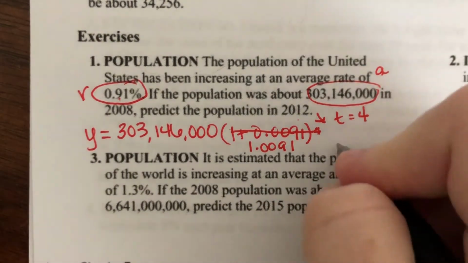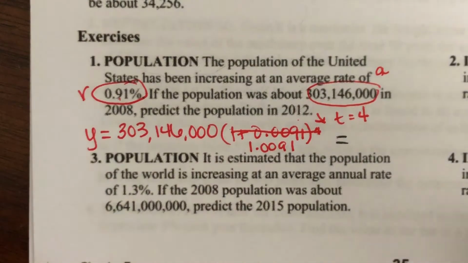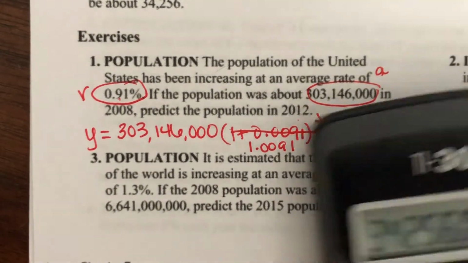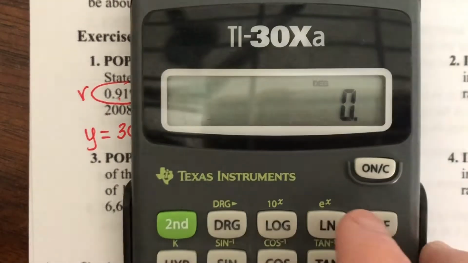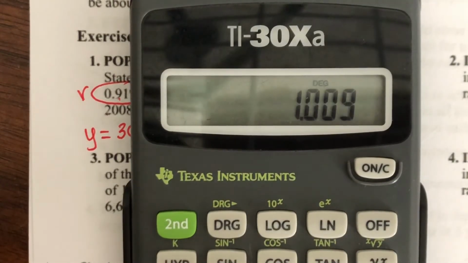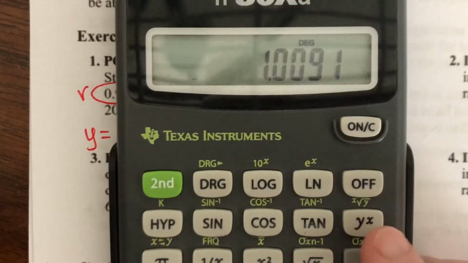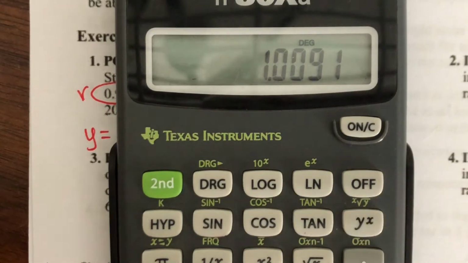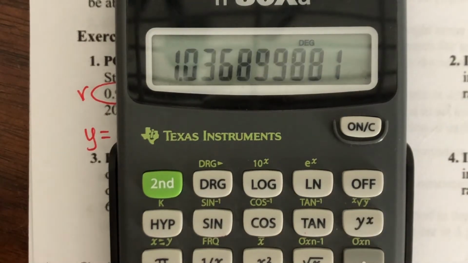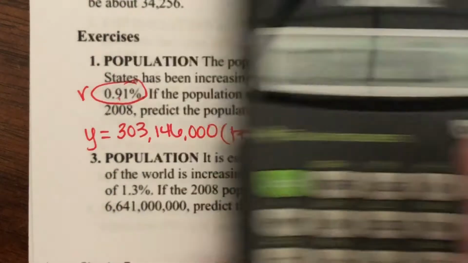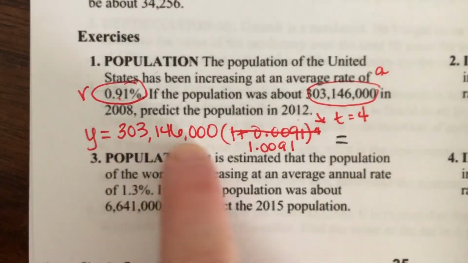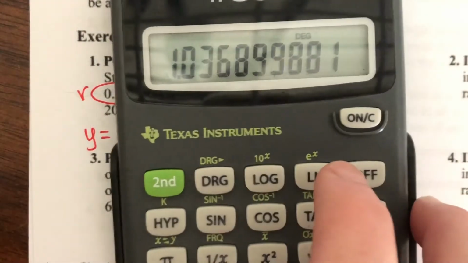On my calculator, I'm going to put 1.0091, hit this little y to the x key, to the 4th power, equals that long number. Then I have to multiply that by 303,146,000.